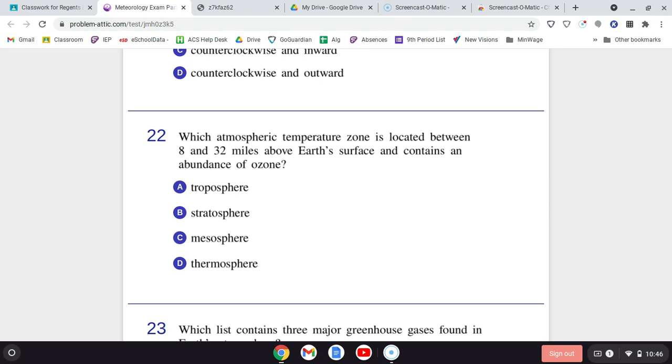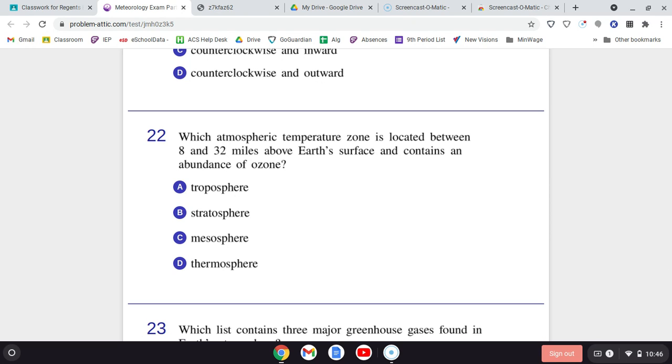Number 22. Which atmospheric temperature zone is located between 8 and 32 miles above Earth's surface and contains an abundance of ozone? So what page are we on for that one? 15. Between 8 and 32 miles above.